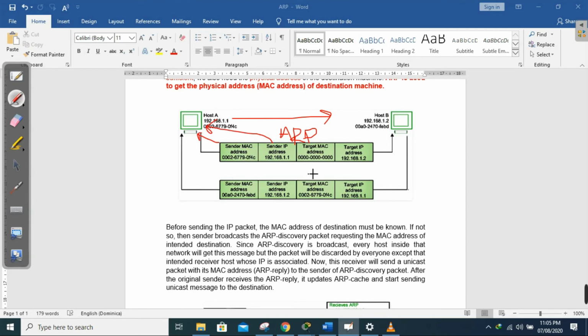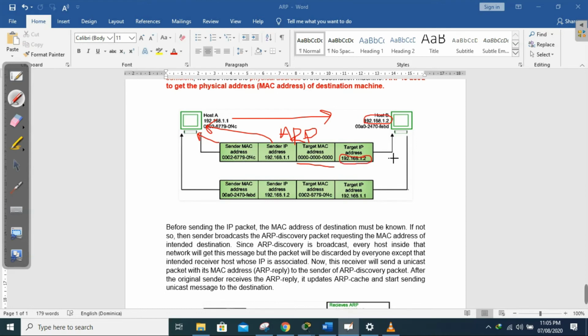Then the target MAC address field was completely empty because it initially didn't know what the MAC address should be, so it was 00000, everything 0. And here you can see the target IP address is the IP address of my intended destination, host B's IP address. You can see that it matches with this one.